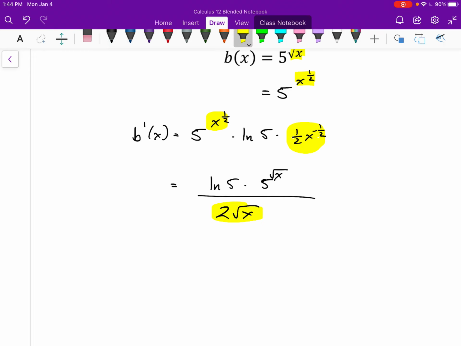Again, that 1/2 times x to the negative 1/2 is exactly equivalent to what you see highlighted in yellow in the denominator, dividing by 2 times root x. Keep in mind, we were done here, but we also should understand how to get there.